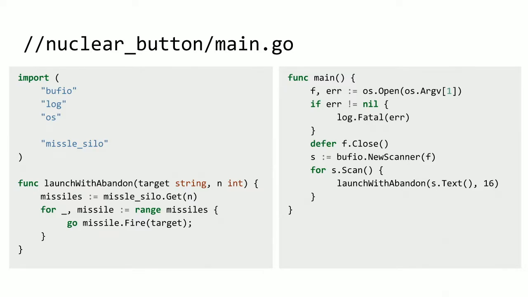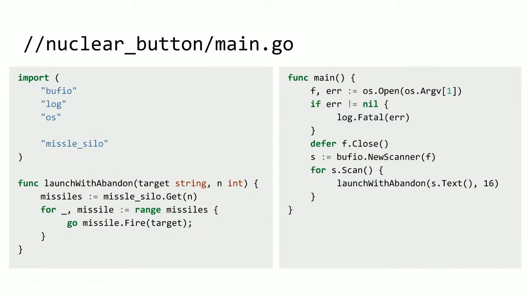It reads it, and then it opens a missile silo and sends them to their death. What we're interested in, and so is the build file generator, is the import statement at the top of this file. So there's 4 imports. 3 of them are from the Go standard library, and one of them is of a missile silo, which we're assuming is another package that I wrote to store my weapons.